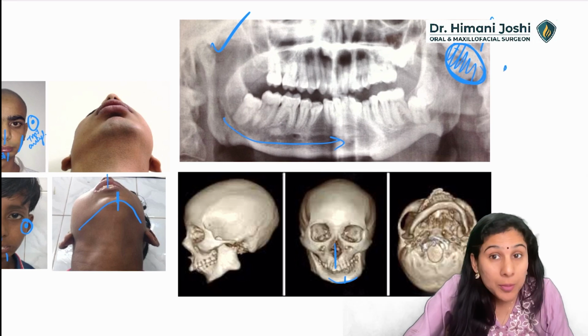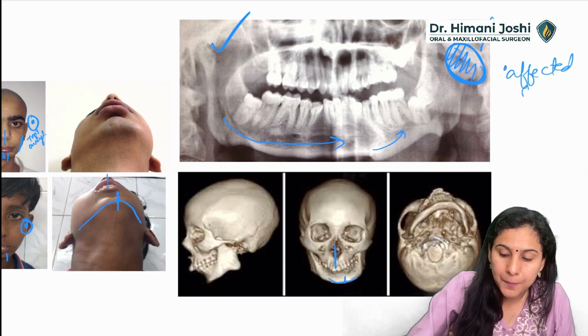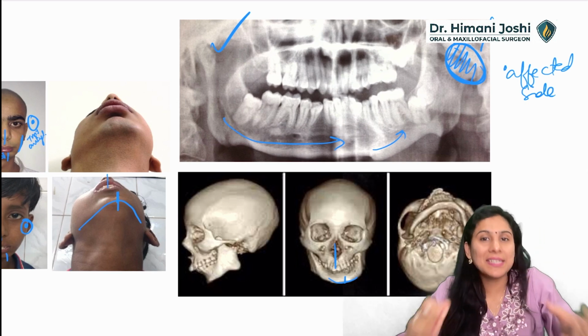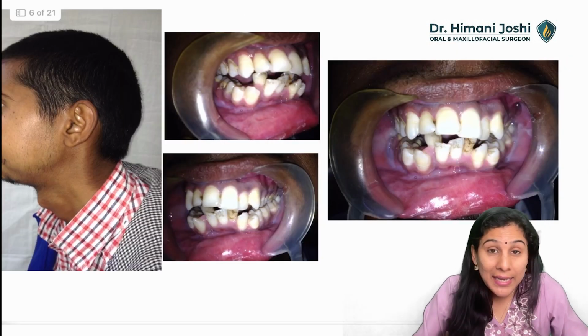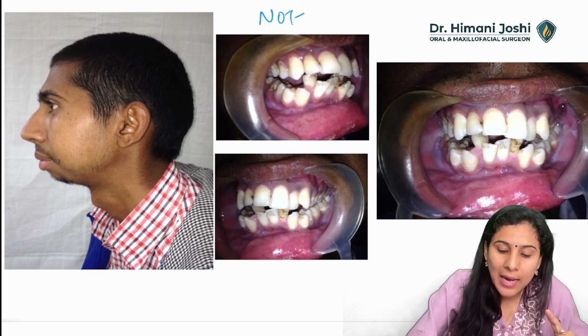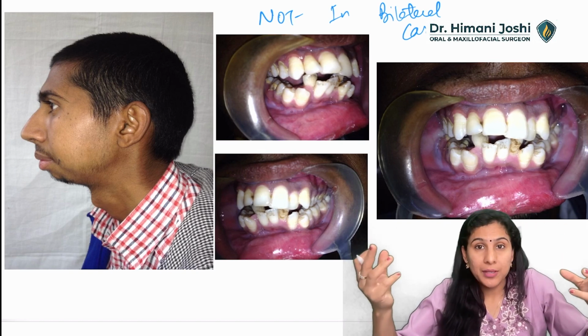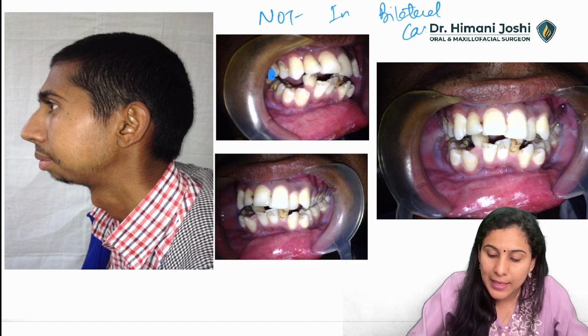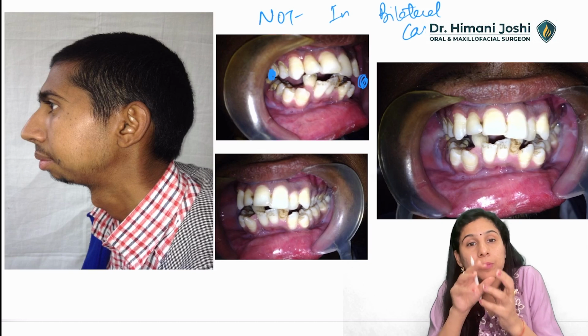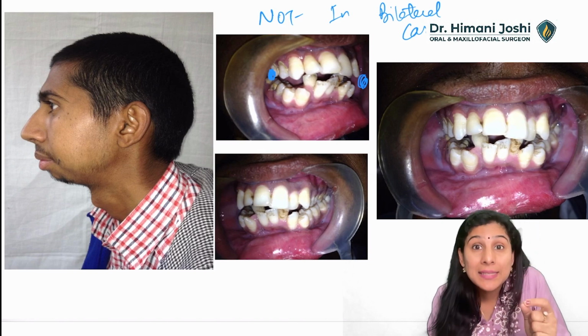This side cannot push it, so there is deviation towards the affected side, known as ipsilateral deviation of chin. Again, like I said, it will not be seen in bilateral cases. Why? Because in bilateral cases, both sides are not growing. So this side is also not growing, this side is also not growing, and there will be an open bite but no deviation of chin. Chin will be symmetrical in the midline.